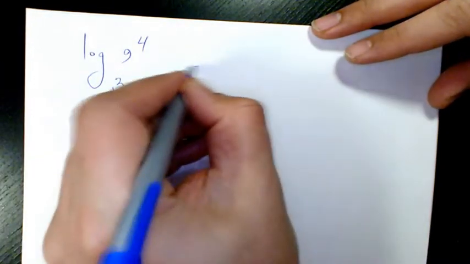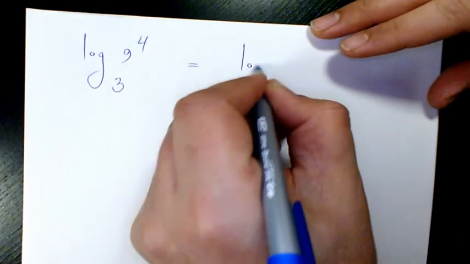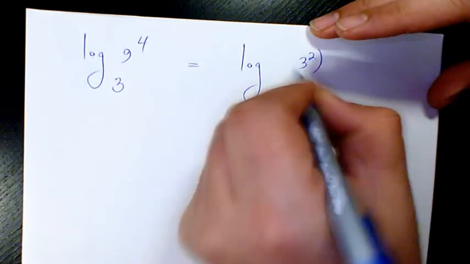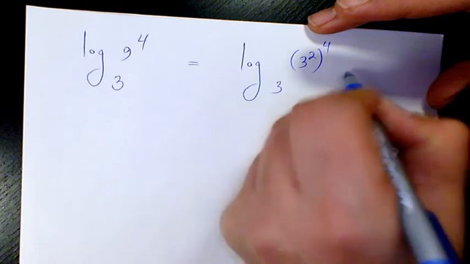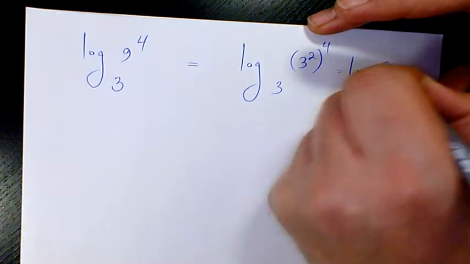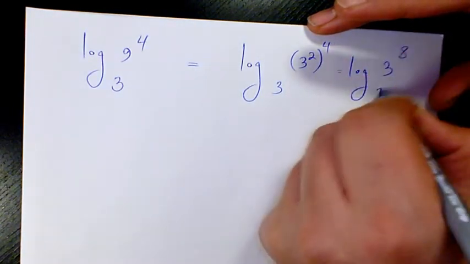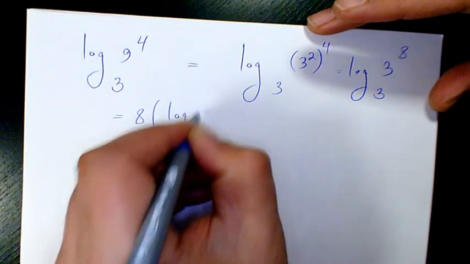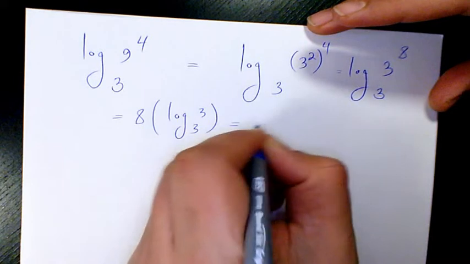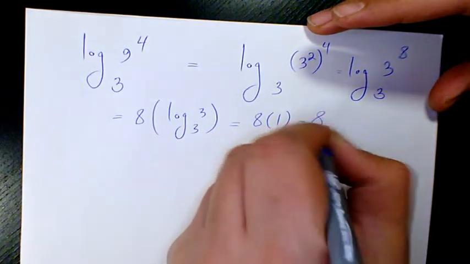Next example, log 9 to the power of 4 base 3 is going to be log 3 to the power of 2 to the power of 4, because 9 is 3 to the power of 2. That's going to be log 3 to the power of 2 times 4, which is 8, base 3. So that's going to be 8 times log 3 base 3, which is 8 times 1 equals 8.